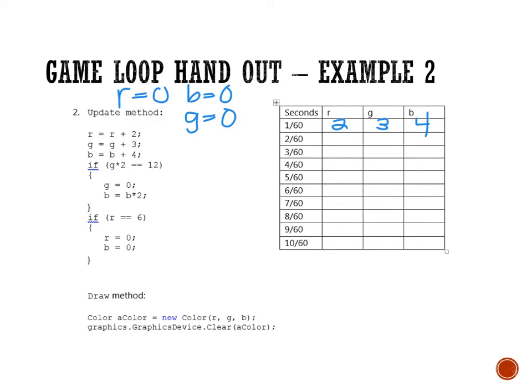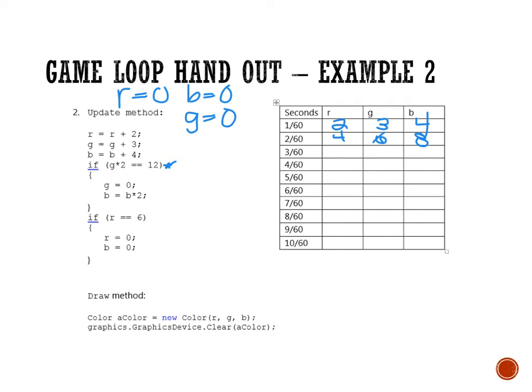Is G times 2 equal to 12? Nope. Is R equal to 6? Nope. So I come back through, okay, I'm going through for the second 60th of a second. R is 4, G is now 6, B is now 8. And is G times 2 equal to 12? Well, hey, that is true. 6 times 2 is equal to 12.